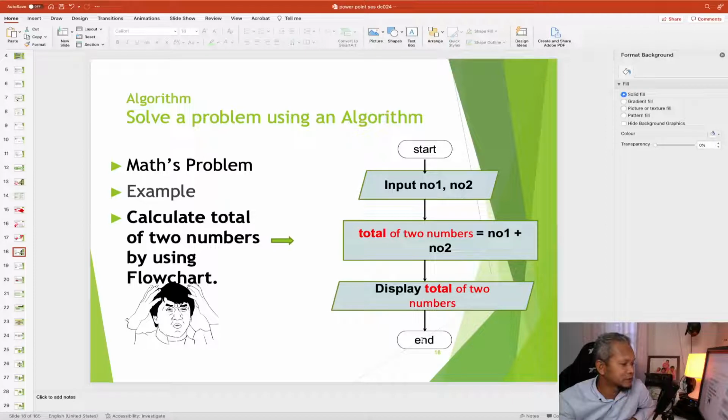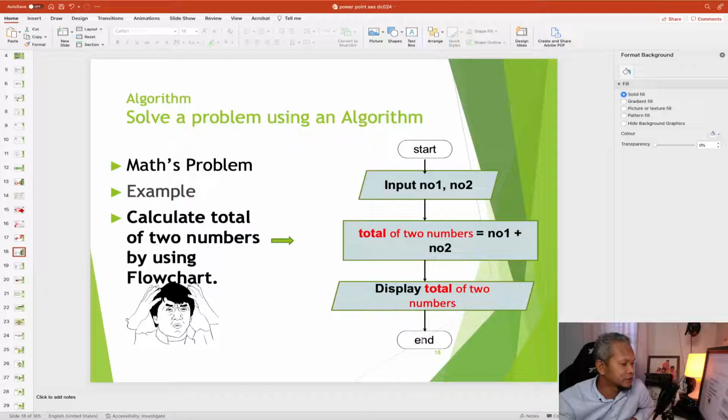Okay, now from here, find the area of the rectangle. Firstly, we need to identify what is the output. So output here is area of rectangle. So you just write area of rectangle. So that is output.